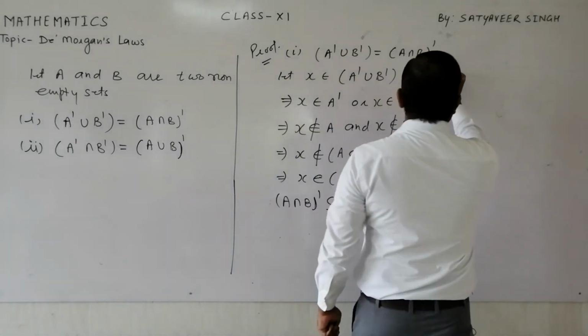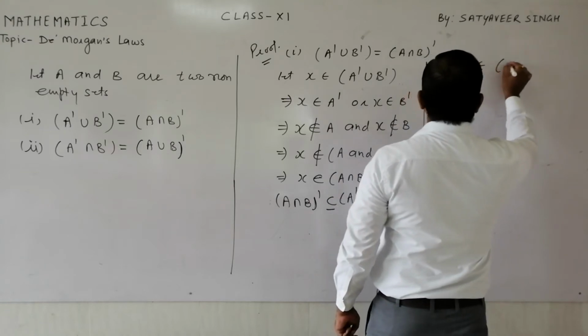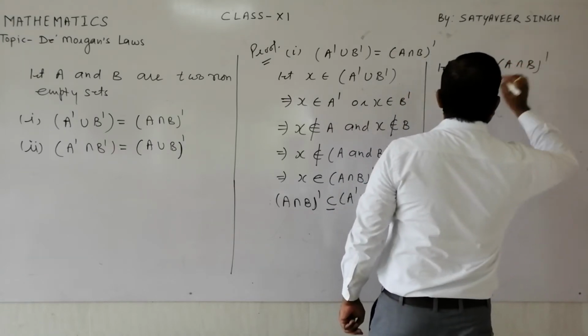So I will take now, let y belong to A intersection B complement.